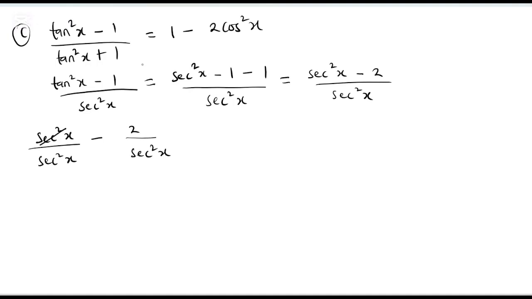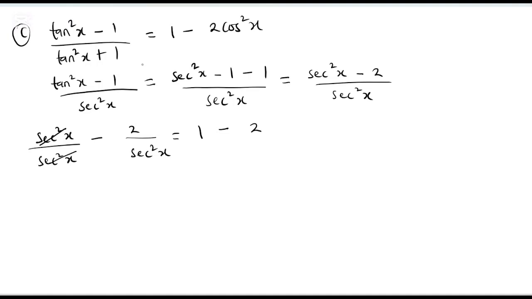So this cancels out this, you are left with 1 minus 2 times 1 over sec squared x. But sec squared x is the same thing as 1 over cos squared x.